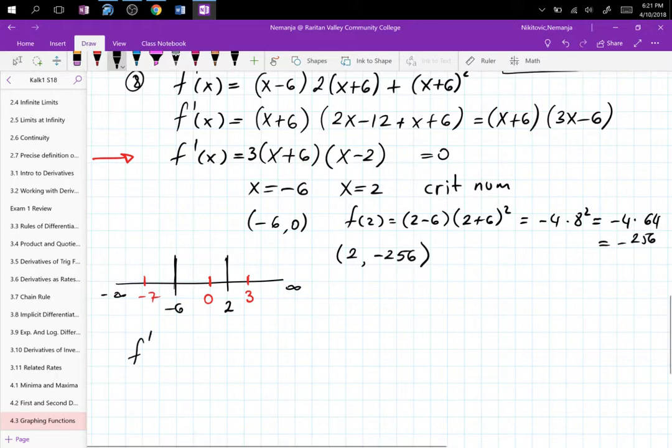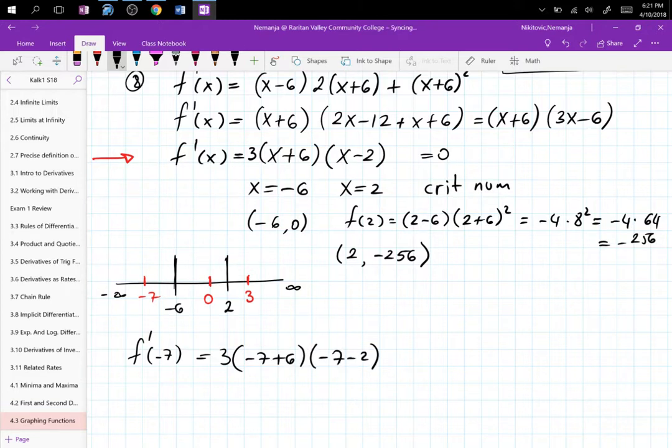So when I do the first derivative at negative 7, that's going to be 3 times negative 7 plus 6 times negative 7 minus 2. All I see here is a positive times a negative times a negative, which is positive. Larger than 0, increase. I don't care what the numbers are.